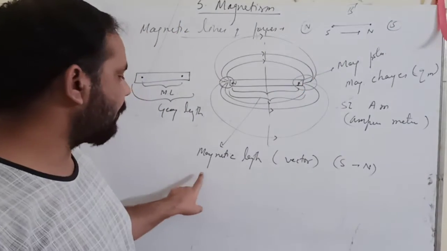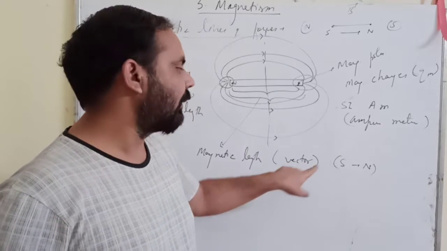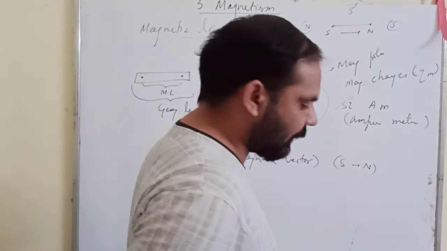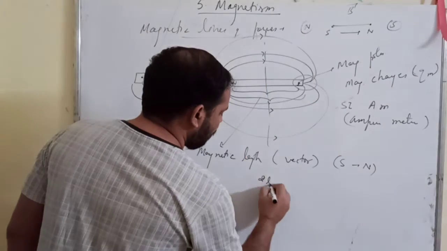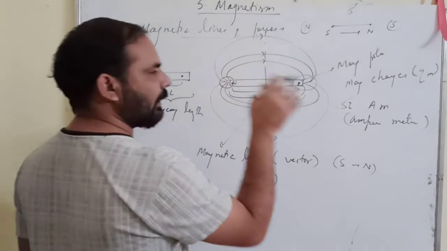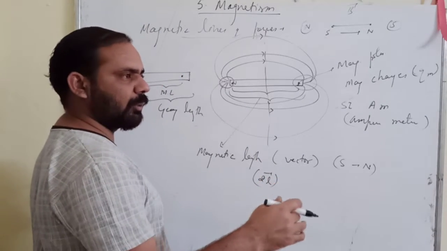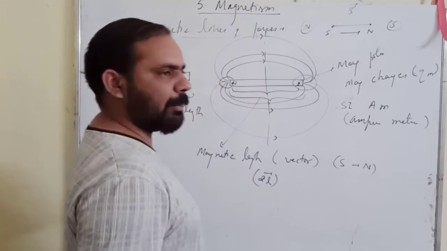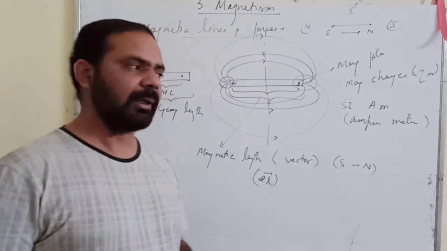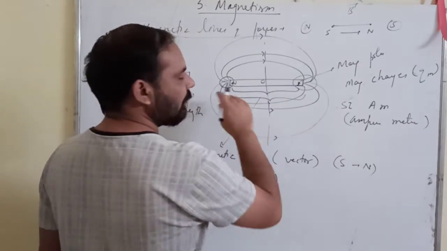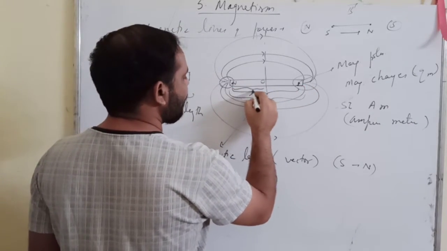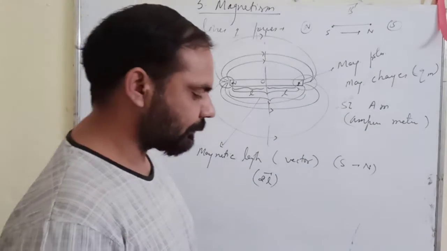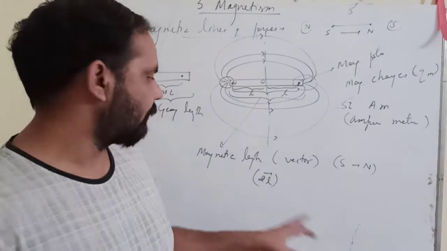It is denoted by 2L vector. In the electric dipole we denoted the length by 2a vector. L here is the semi-length of the magnetic dipole, half of the length. If this is the center of the magnetic dipole, then this length is L, and this length is also L.